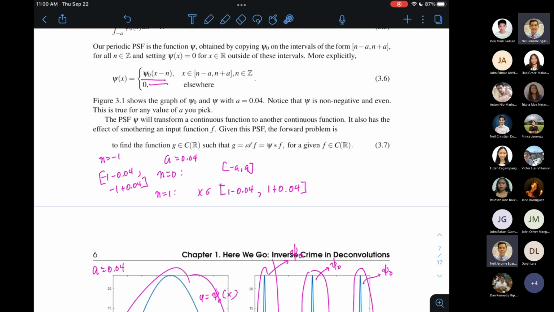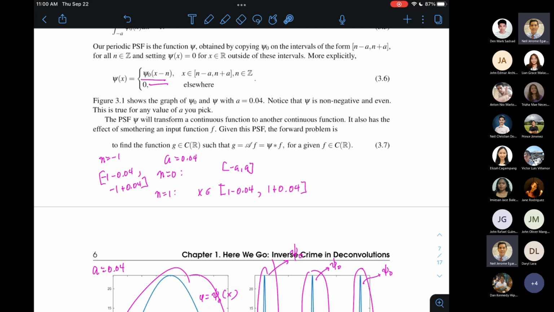I guess it's easy to do because we only need to perform the integral, right? The integral from negative infinity to infinity of psi of y times f of x minus y dy. Once you compute that integral, you have solved this forward problem.